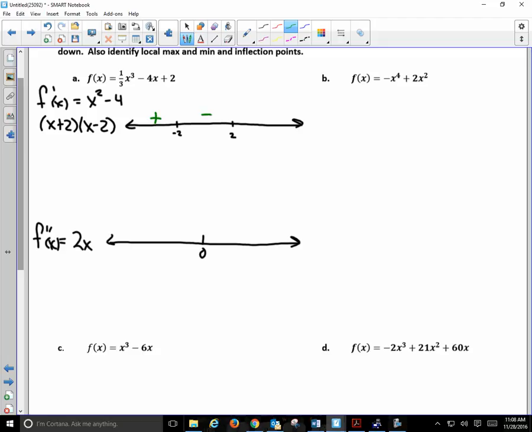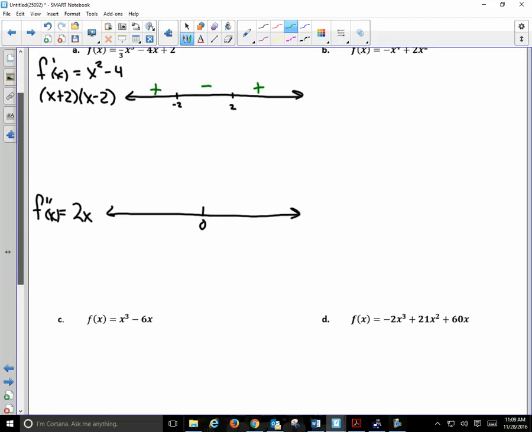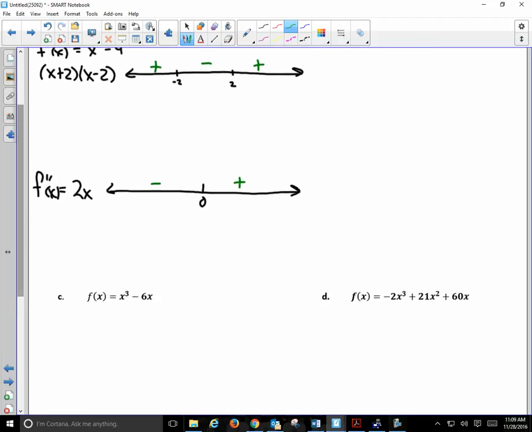That will give me a negative. If I plug in positive 3, I end up with a positive result. Here, if we punch in a negative number, we get a negative result, and a positive, we get a positive result. It's as simple as that to tell us some of the important characteristics.